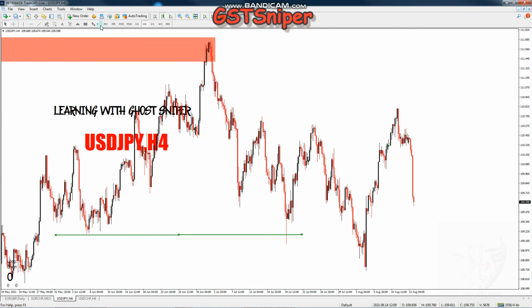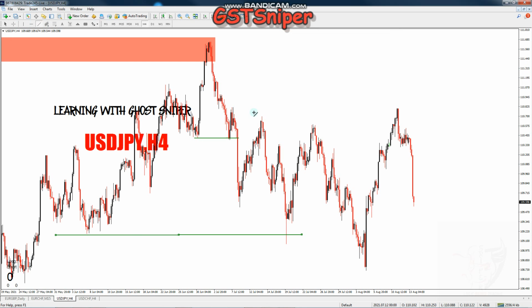So this is our market structure, and we have a medium broken structure here. This base area is the one that caused this structure breaker, right? So what do we have from there?